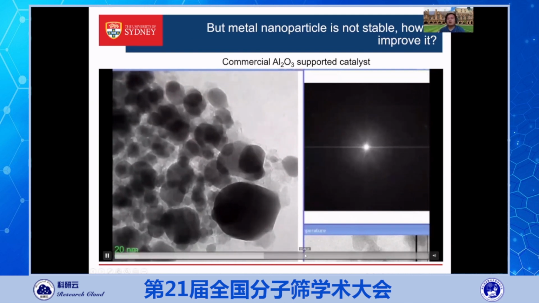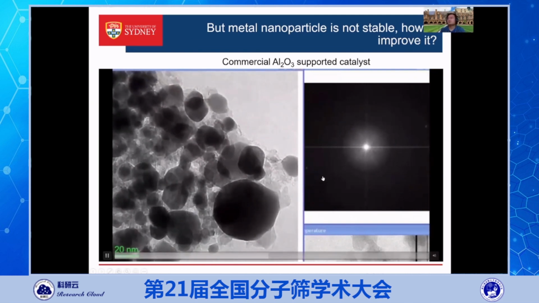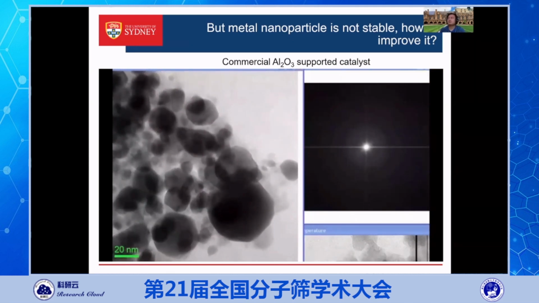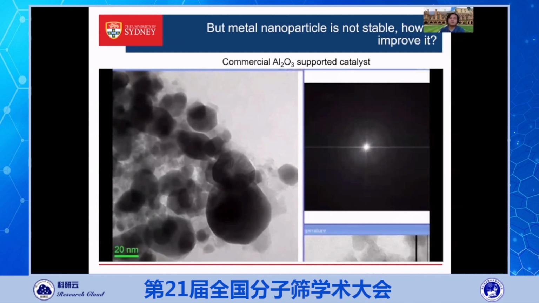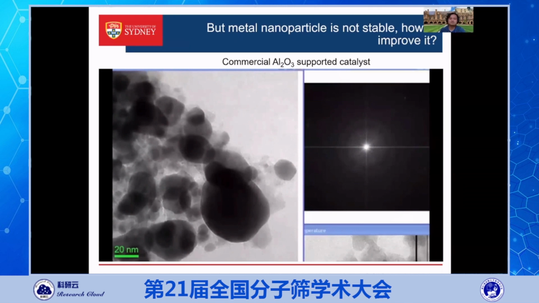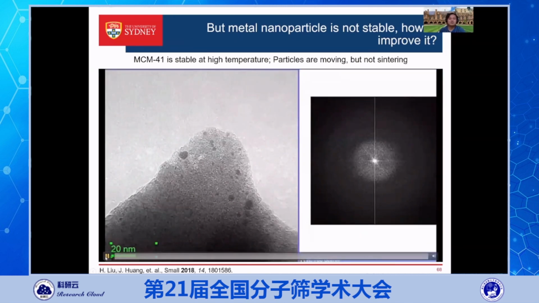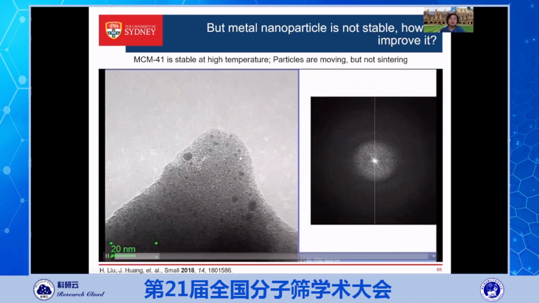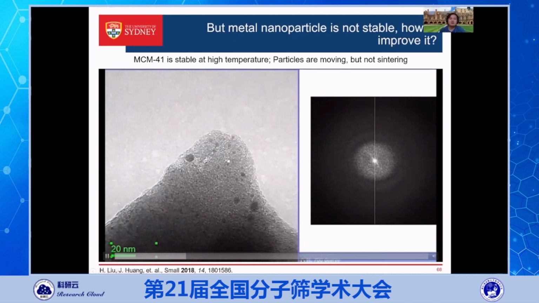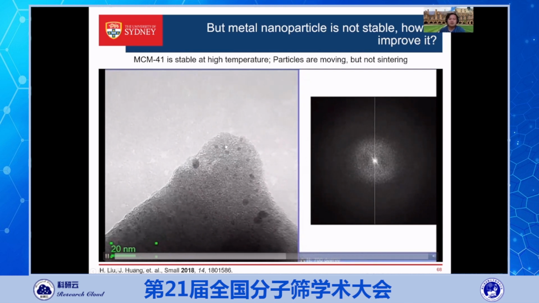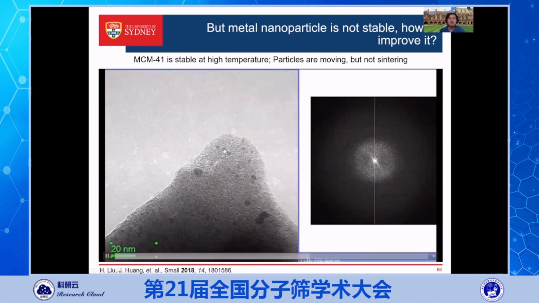But if we look at a mesoporous material like silica supported metal particles, you will see a totally different phenomenon. Here we use MCM-41 as one example, and you can see the metal particles moving inside. Small particles can grow and become bigger, but their size will be confined by the pore size.